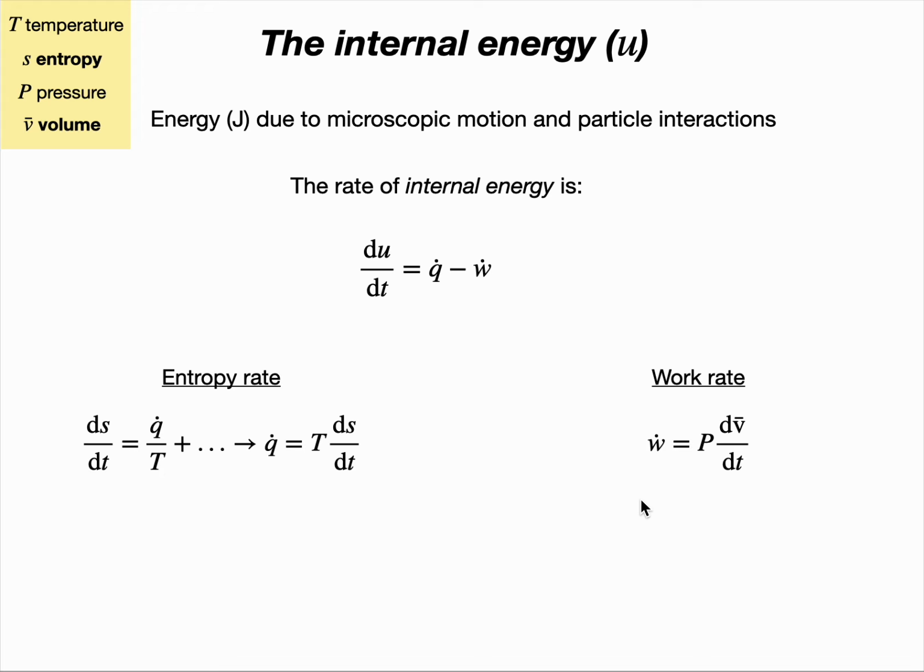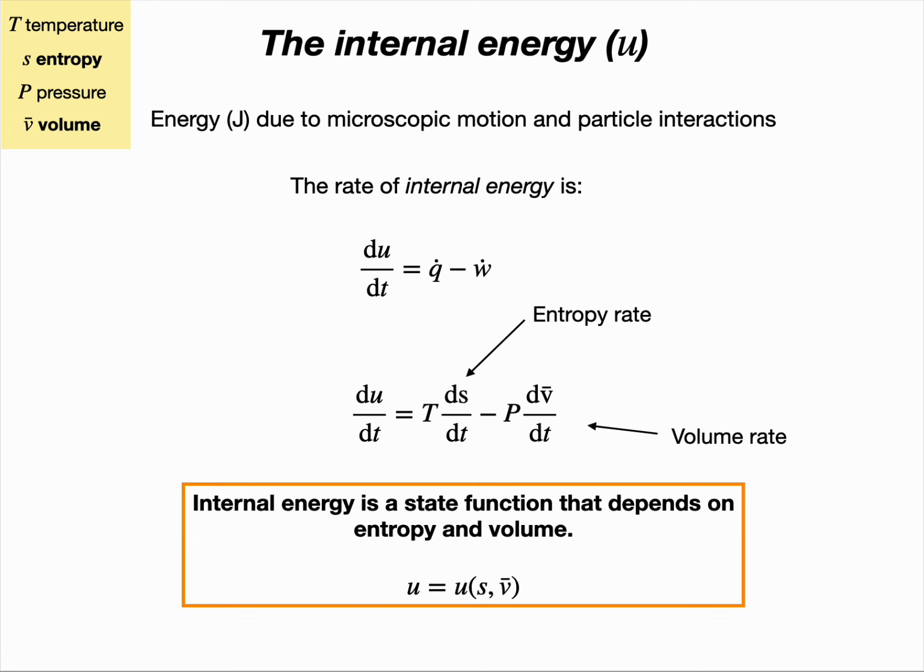A second important term would be the work rate. Here I introduce a work rate which is linked to volumetric deformation. The work rate is the product of pressure times the rate of change of V bar. Let's introduce this into the above equation. So we substitute Q dot and we substitute W dot.